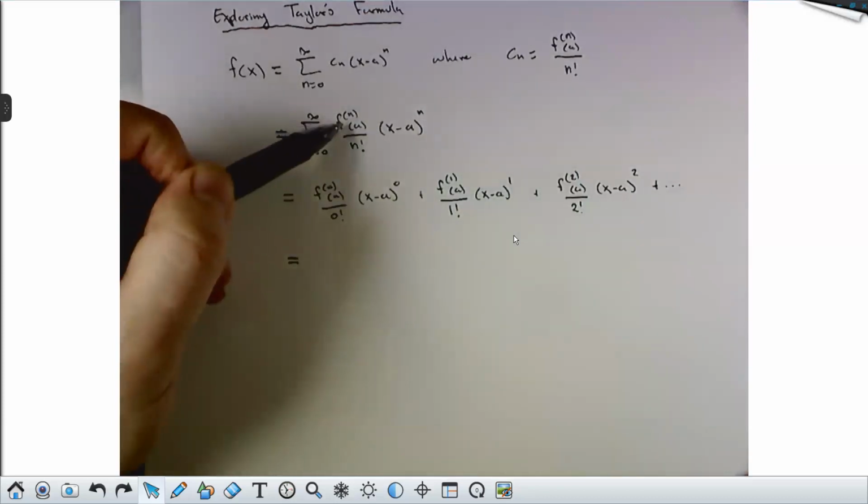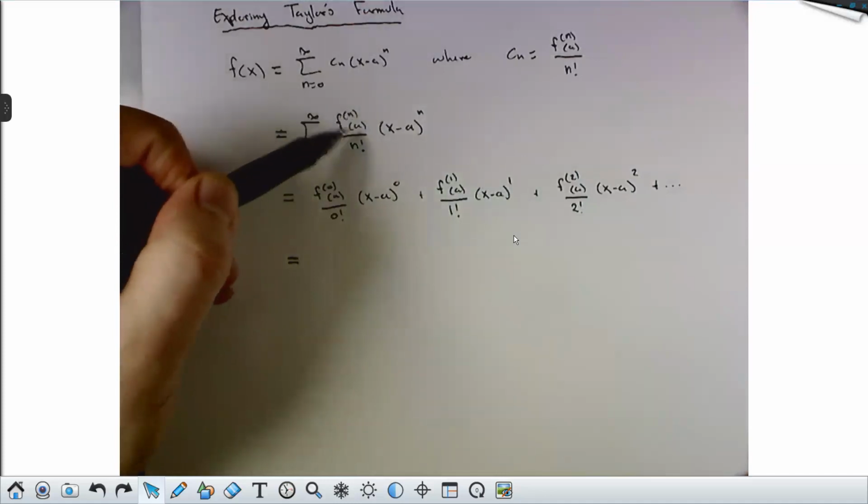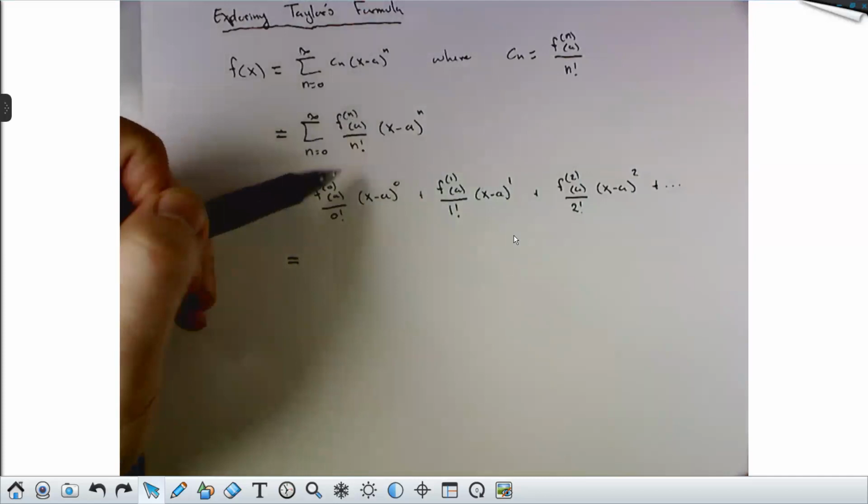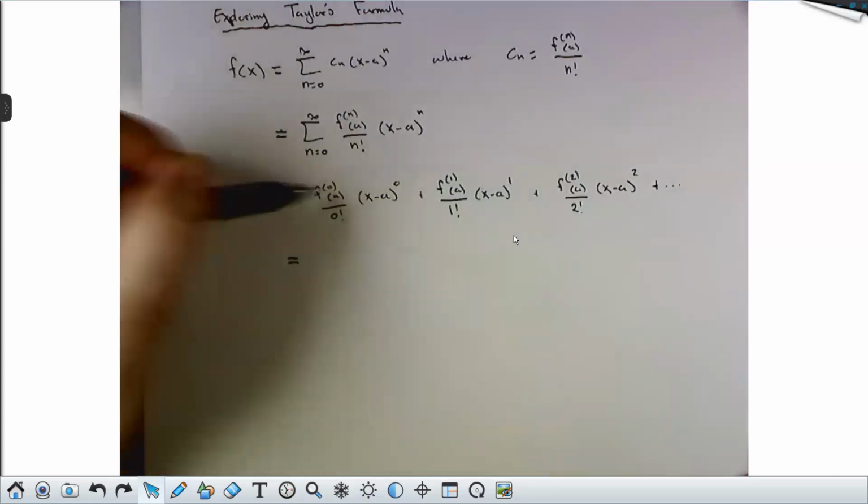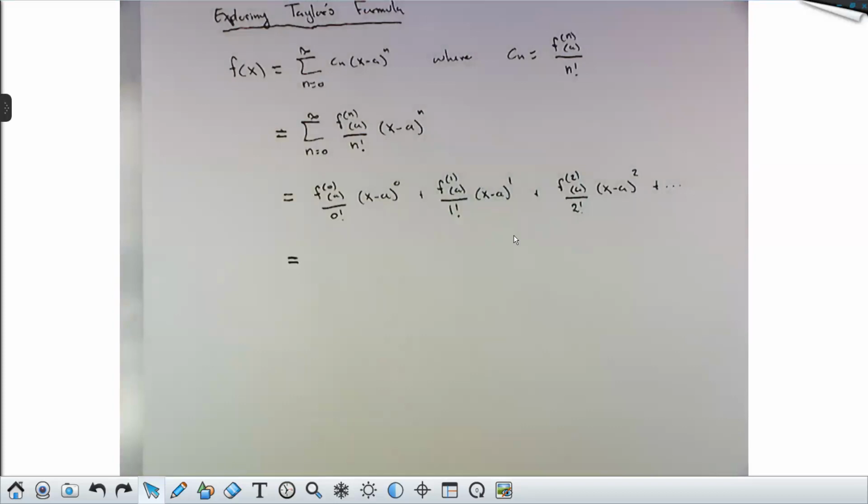Remember this notation, f superscript n of a. That's the nth derivative of f with a plugged in. So what is f^(0) of a? How many times have I differentiated here if the superscript is 0? None, right?